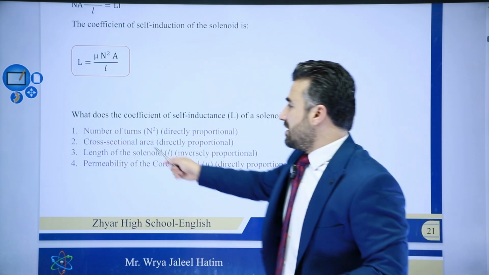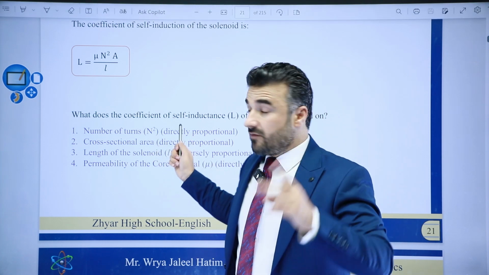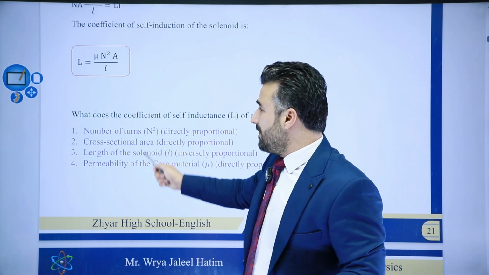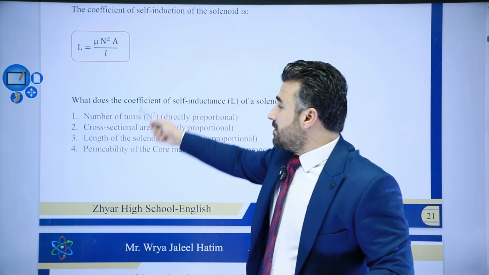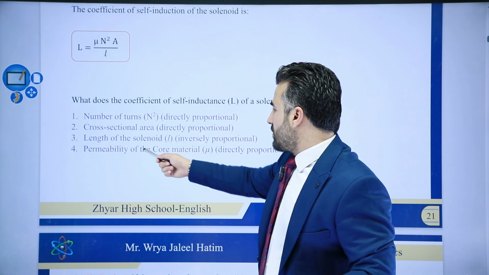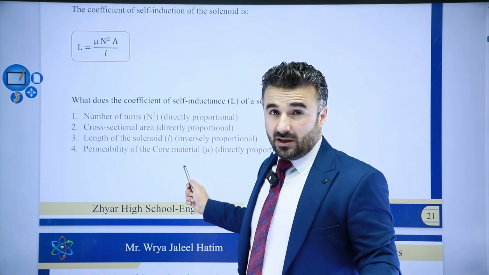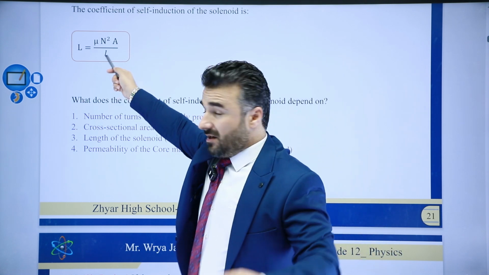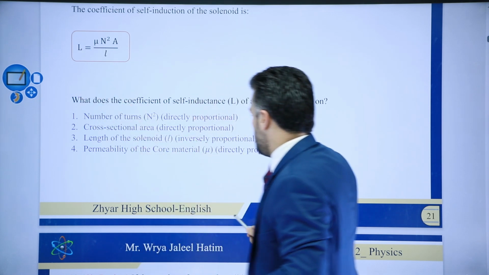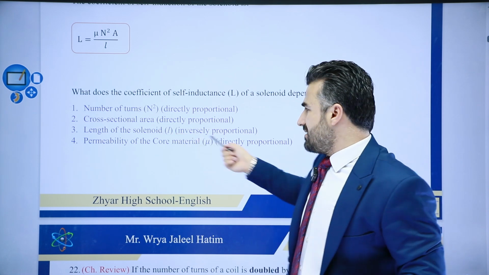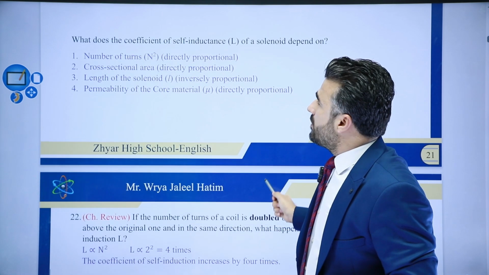So the first thing, it depends on the number of turns, but directly to the square of the number of turns, you can see, directly proportional. And then cross-sectional area, also directly proportional. And also the magnetic permeability, that is also directly proportional. But the length, you can see, is in the denominator, so of course it's going to be inversely proportional with the coefficient of self-inductance.